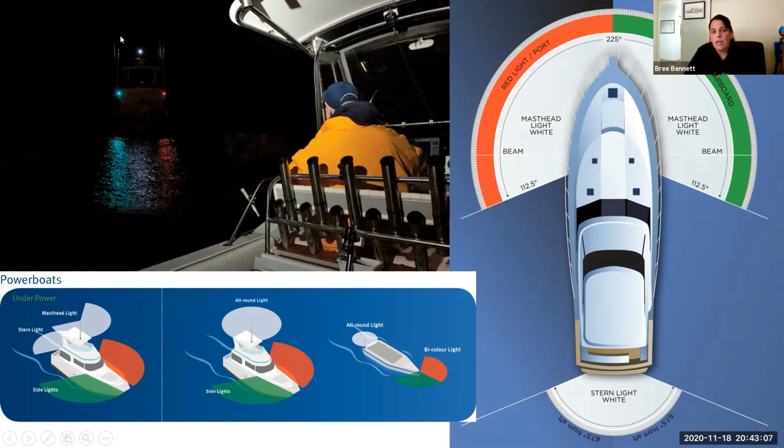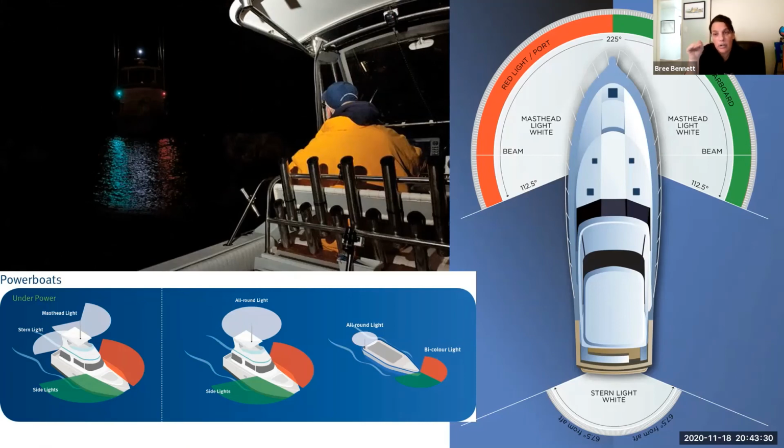So depending on what lights you are looking at, so here's a boat here and we see the green and the red and the white. That means that boat is head on, pointed directly at us. If we just see a white and a red, we're only seeing the port side.